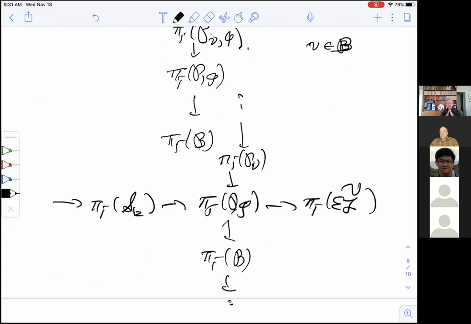It's an elementary exercise to prove... I screwed up something here.